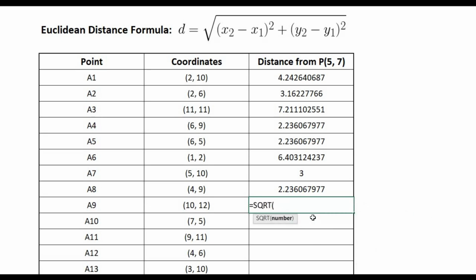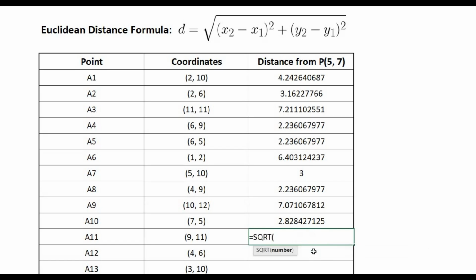Square root, x2 5 minus 10 whole square plus 7 minus 12 whole square, bracket close, 7.07. Square root, 5 minus 7 whole square plus 7 minus 5 whole square, bracket close, 2.82.